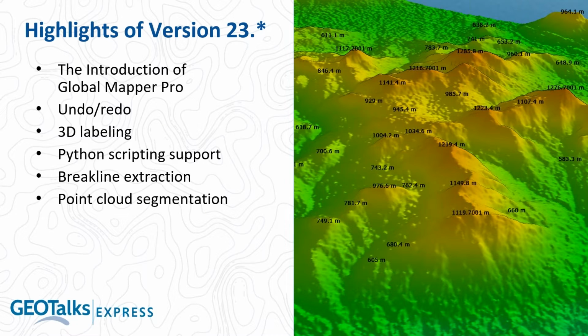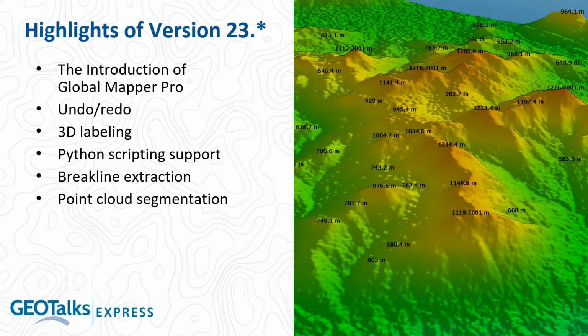And then probably one of the most exciting additions, I find anyway, was point cloud segmentation. Segmentation methods allow us to, one of the big ways we use them is as part of automated classification of LiDAR point clouds.